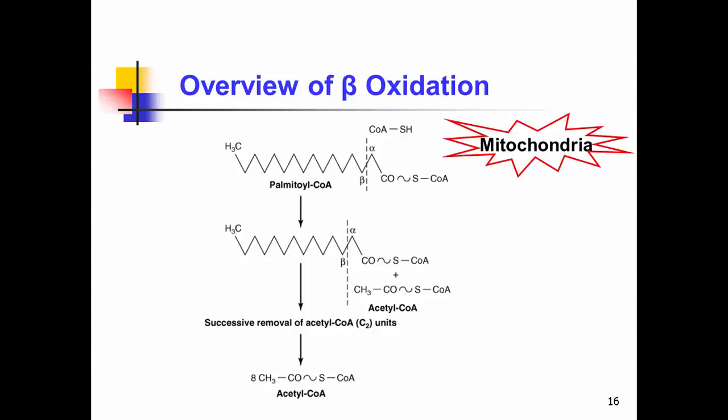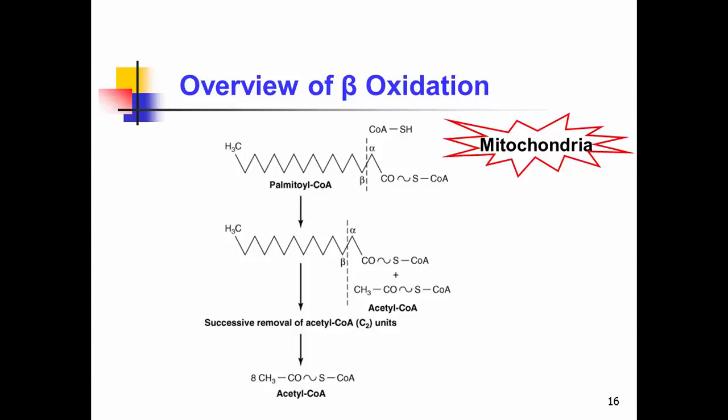For example, palmitate, which is a 16 carbon fatty acid. When we go through 1 cycle, we remove the 2 carbon unit acetyl-CoA from the palmitate, generating a 14 carbon fatty acyl-CoA and a 2 carbon acetyl-CoA, right?